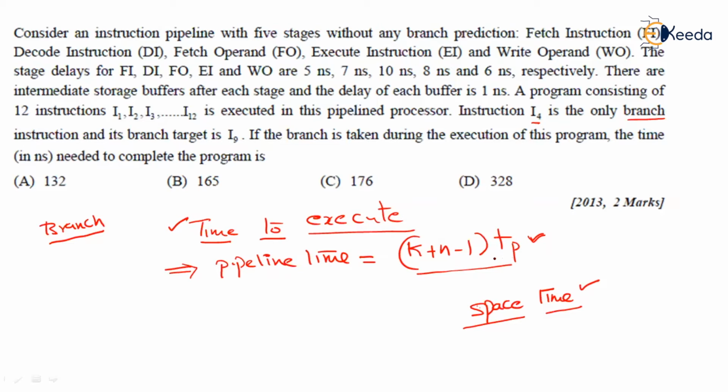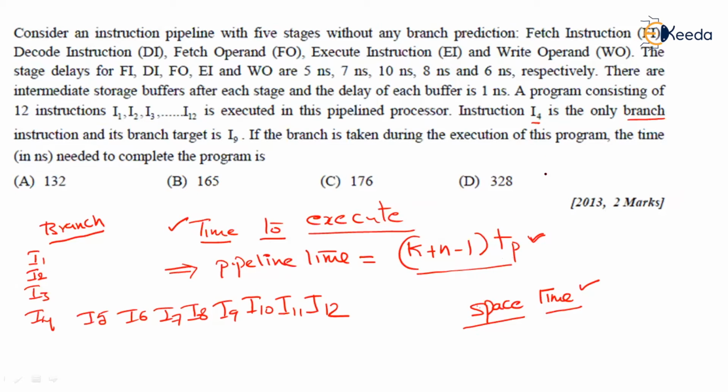Okay, let us understand the details that are provided. The total number of instructions is 12. That is, I1, I2, I3, I4, I5, I6, I7, I8, I9, I10, I11, and I12. There are altogether 12 instructions, right?